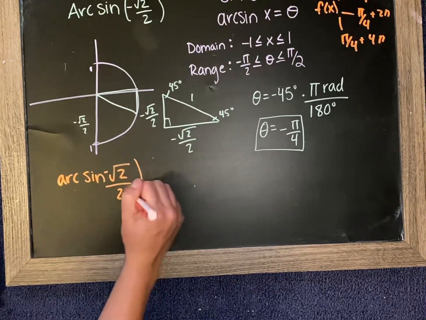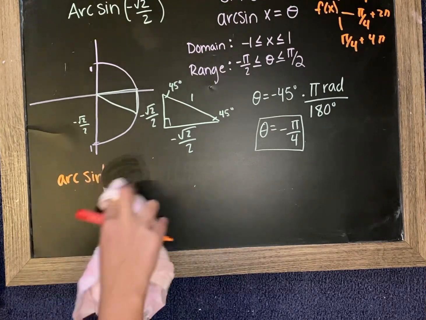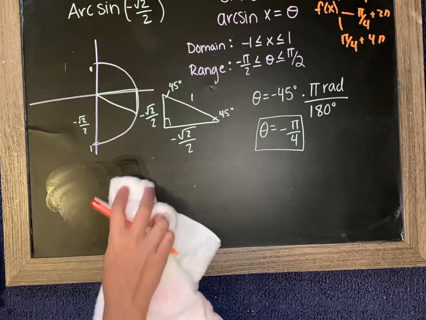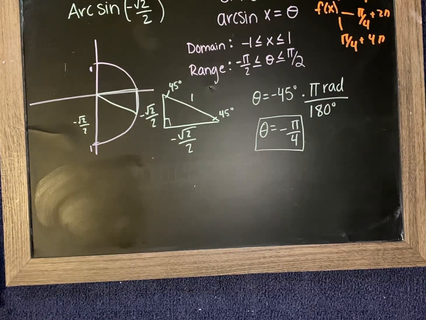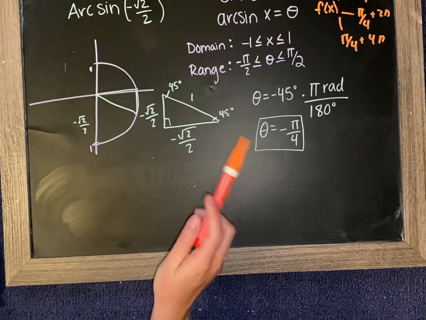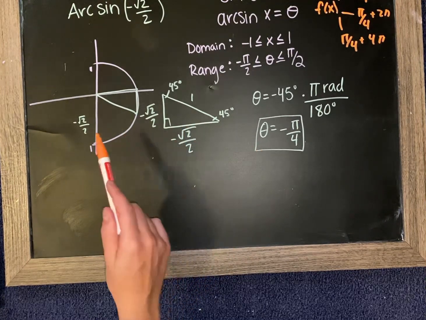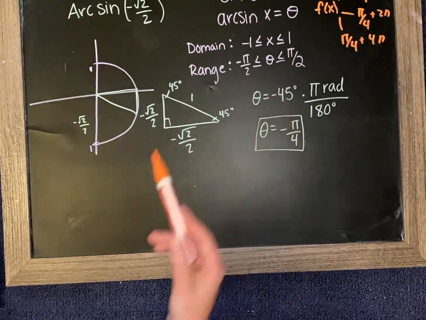I'm just going to show you guys another way to look at this problem that will make it useful. The way that I showed you is a way to graph it and solve it from graphing it, by restricting the domain of x and the range of theta, and then graphing it, taking the angle, and converting the angle into radians. That is one way that you can solve this problem.